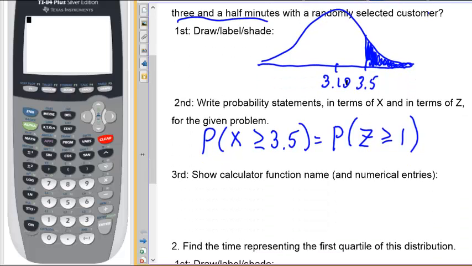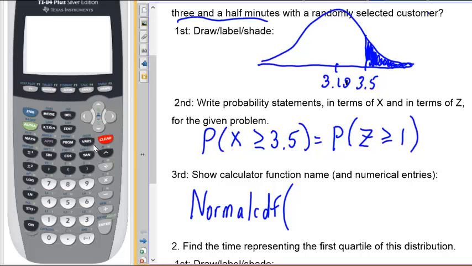Now we're going to move to the calculator and look at using the normal CDF function to find the area under the curve to the right of 3.5, which represents the probability that the time spent with a customer is at least 3.5 minutes. So over to the calculator we go.